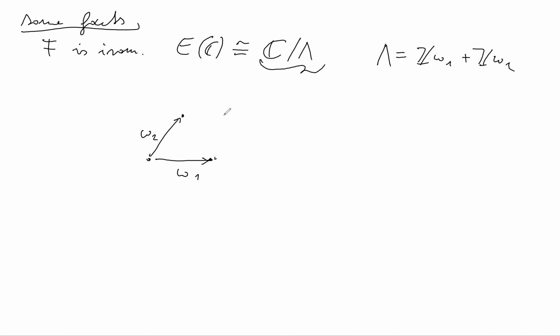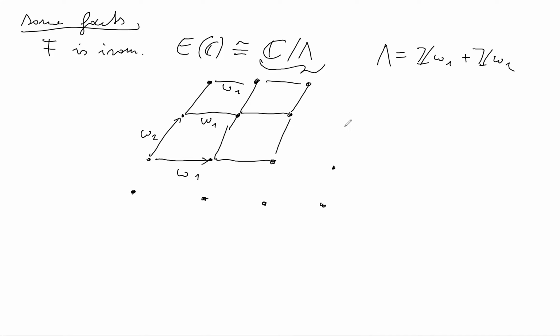These points create this nice tessellation in the plane, and these are the same vectors, and so on and so forth. Now if I mod out C by Lambda, the thing that remains is one of these squares.